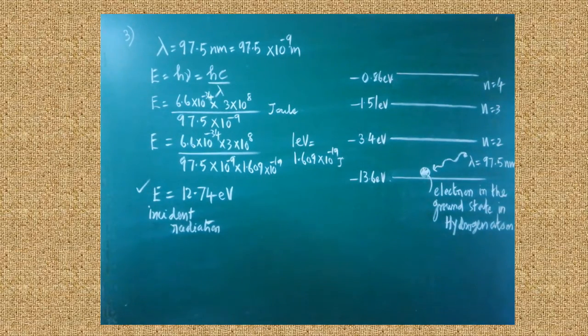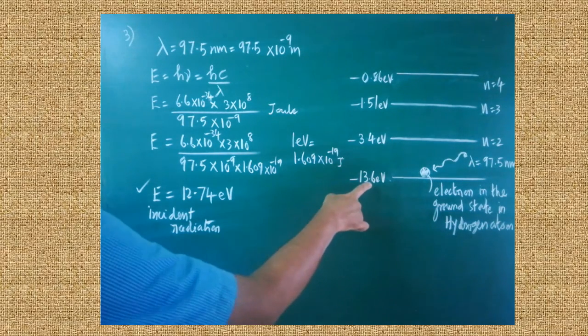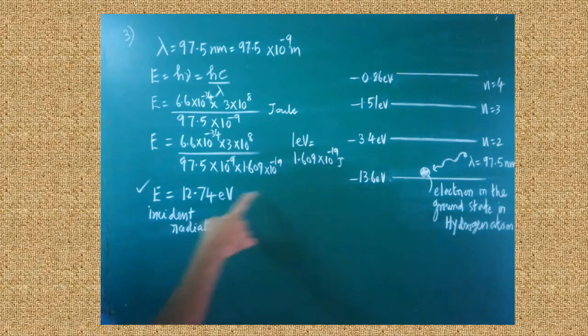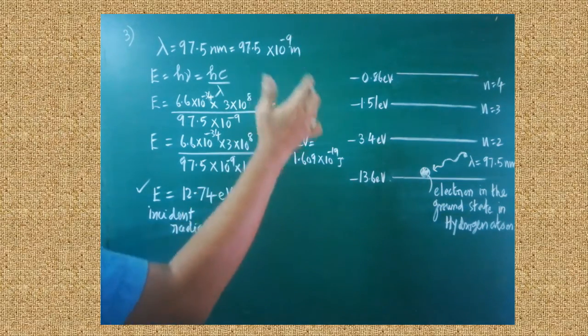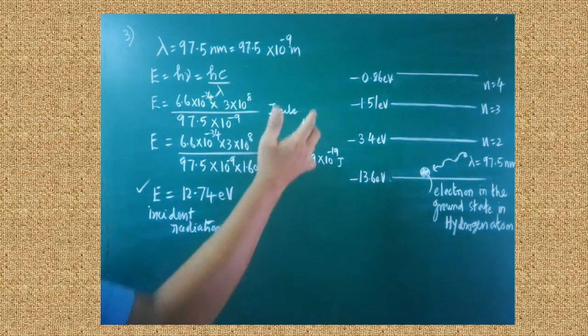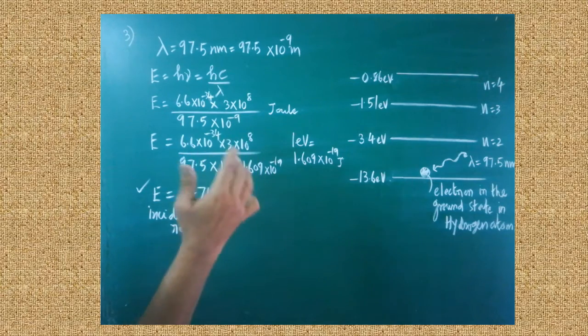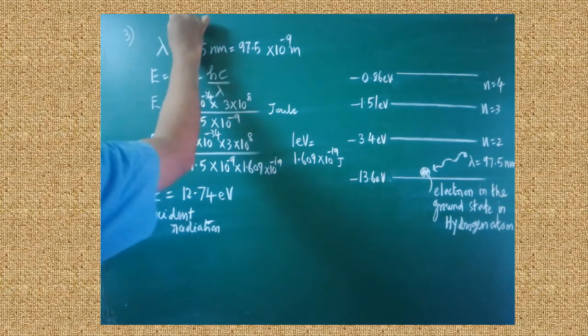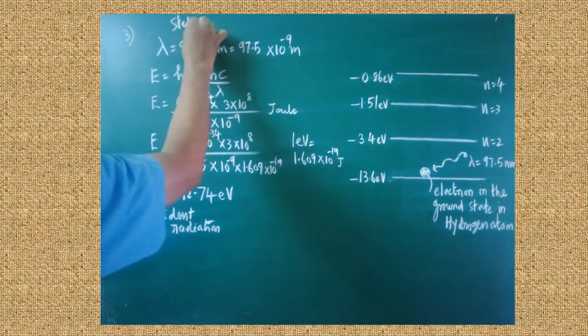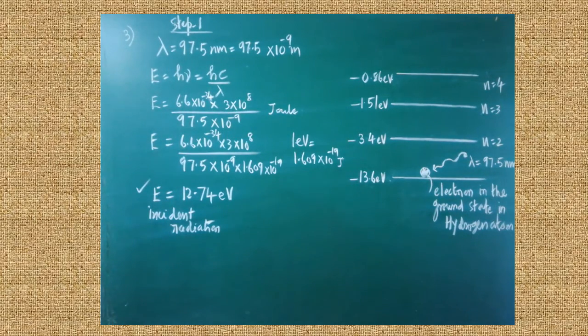For that, next we have to find the difference between these two. You will get one value, and with the help of that we can find to which excited state the electron will be excited. We will do step 2 later. So this could be taken as step 1. Next we are going to see step 2.